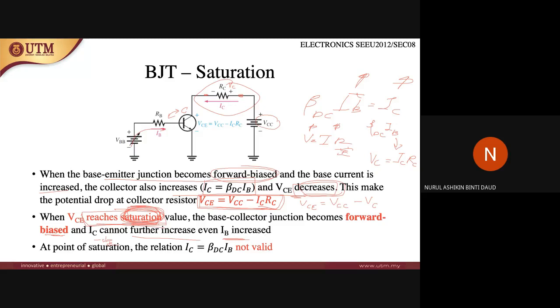At the point of saturation, the relation IC equals beta DC IB is no longer valid. You cannot use it anymore.